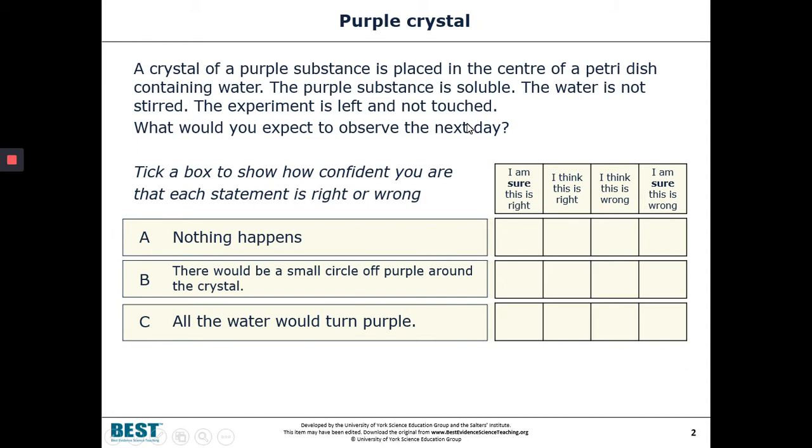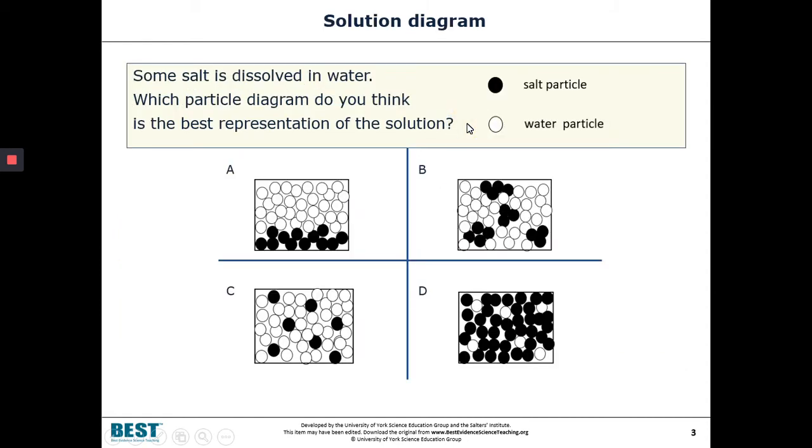Okay, so the next one is more about particle diagrams. So again, I'm going to pause and let you have a read through. Students might choose option A here if they're thinking more on the macroscopic level.